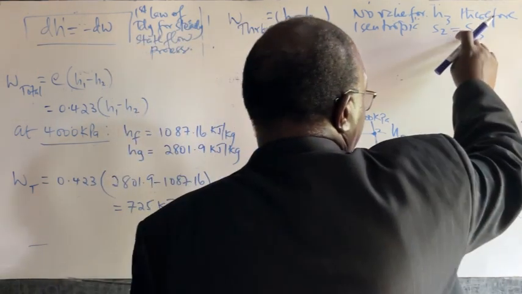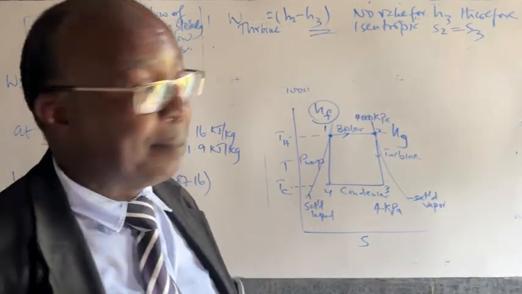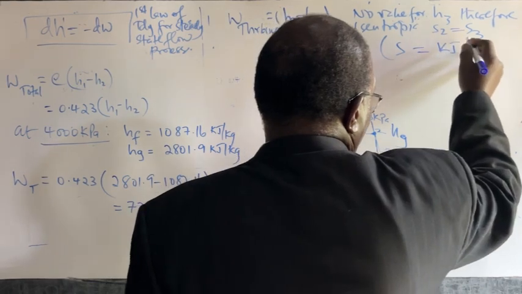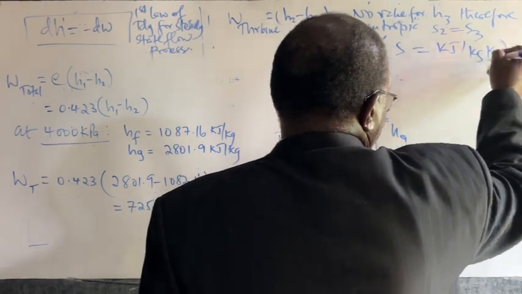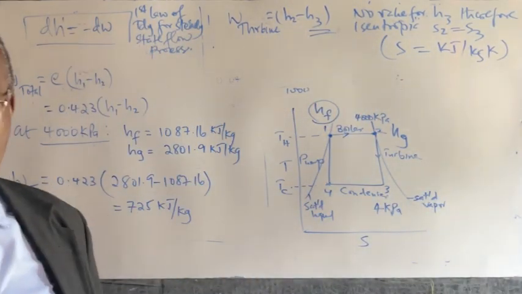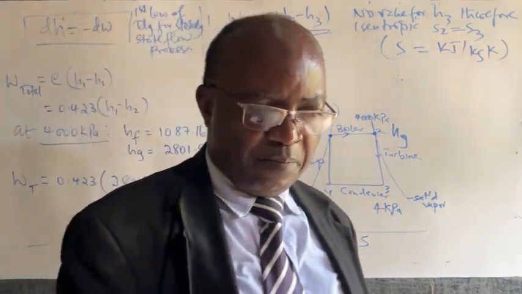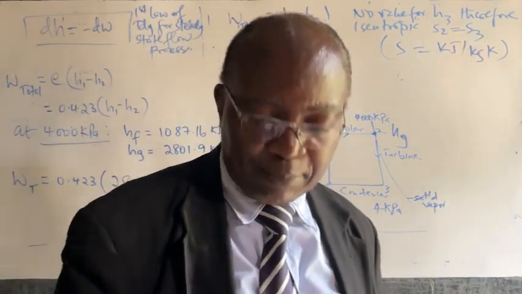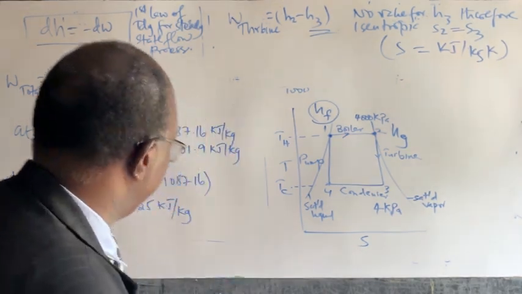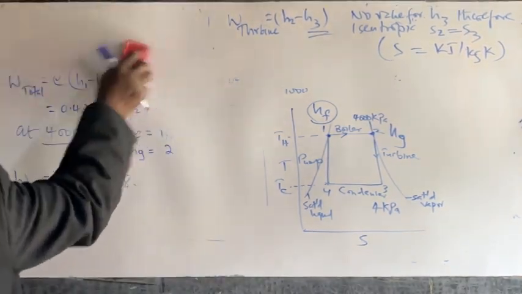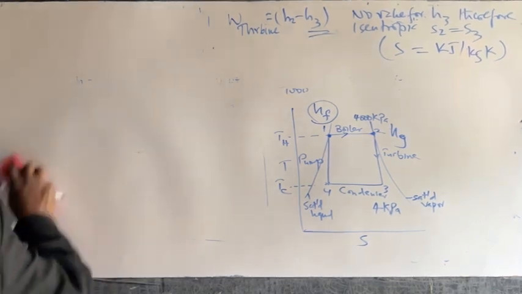Note that for entropy S, the units are kilojoules per kilogram per Kelvin. So now we can move to get our solutions, given that there's a thermodynamic relationship involving this isentropic process. So let us see how we do that.